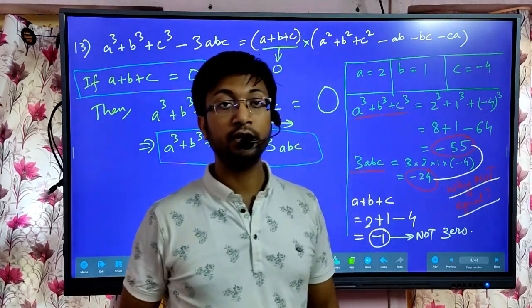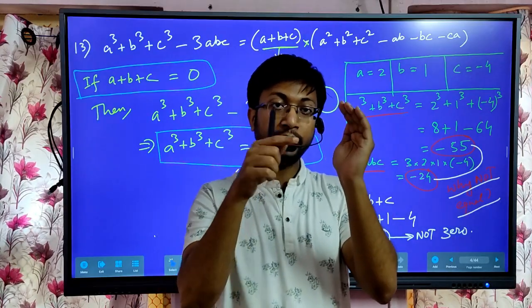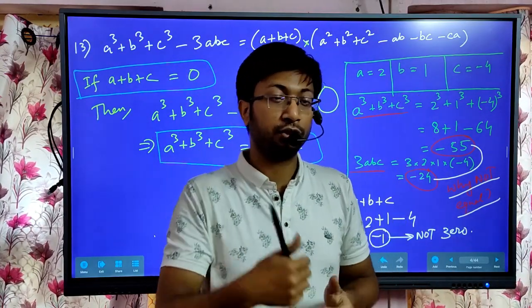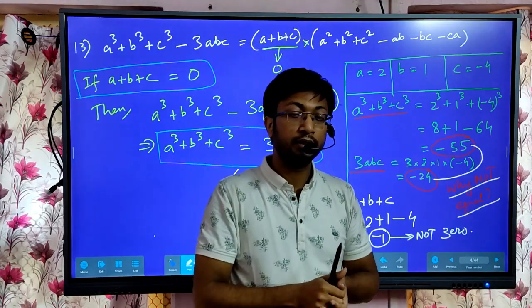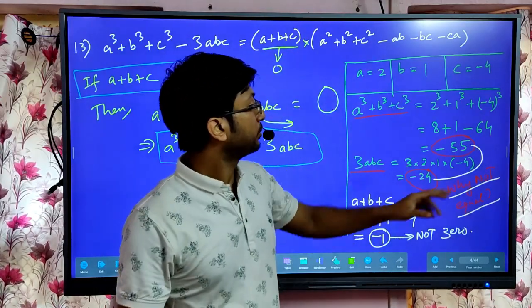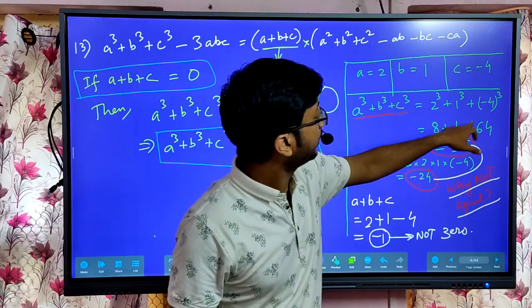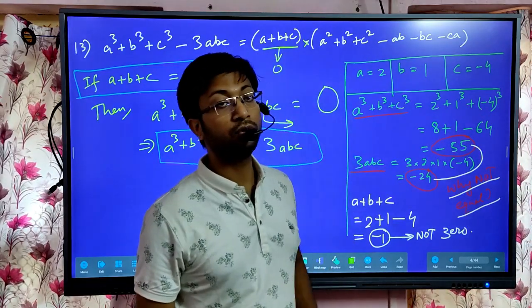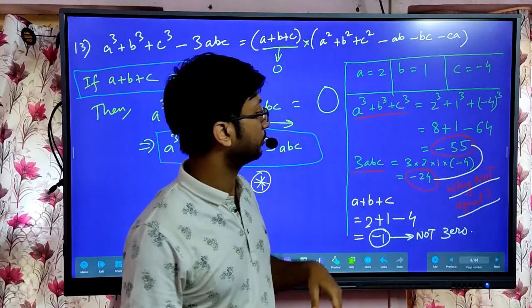If the power is even, the negative sign inside the bracket will vanish. So the negative sign will remain, and 2 cube is 8, 1 cube is 1, 4 cube is 64. 4 square is 16, 4 cube is 64.